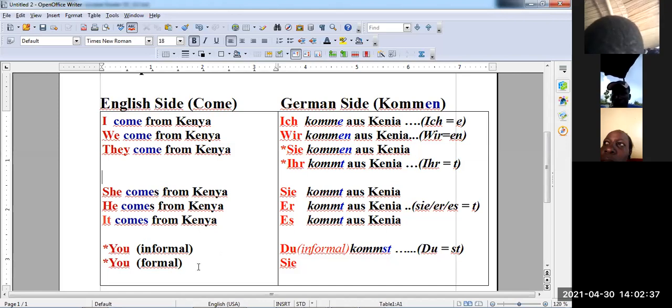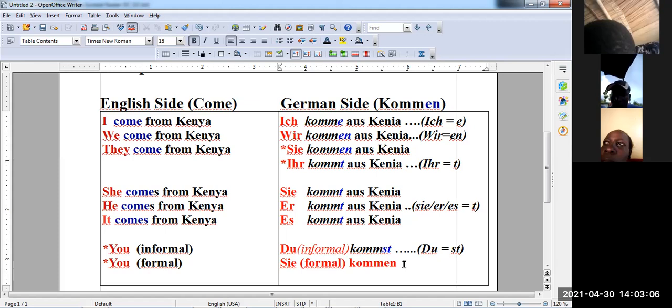Now when you're talking to somebody respectfully, and you want to say "you come from", don't use "du kommst". You're going to say "Sie", which is formal: "Sie kommen." That's the beauty with "Sie".